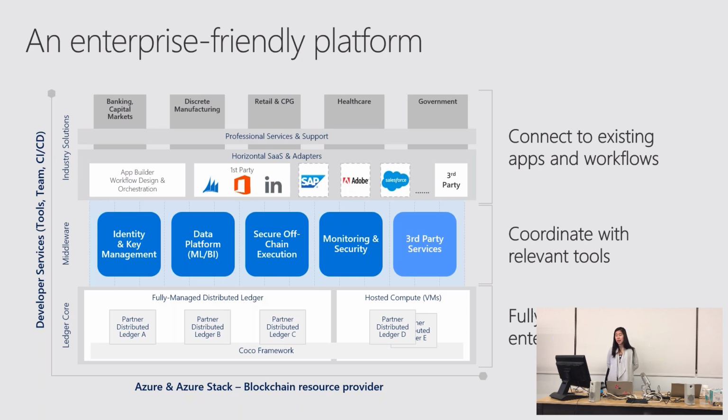So your key management, and if you want to perform analytics on your blockchain transactions, how do you do that? That's the integration with the existing services that you're already using, and the top is your existing applications and workflows that you want to work with as well. So this is a view of how these things would tie together.